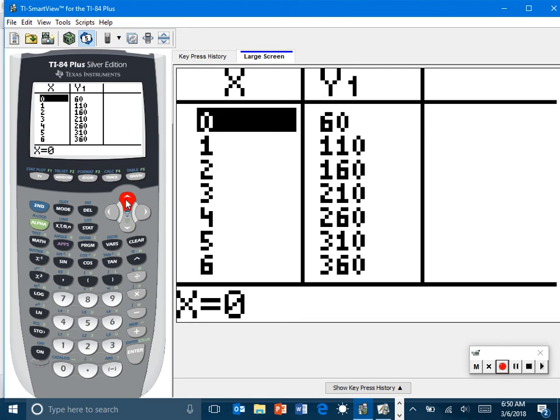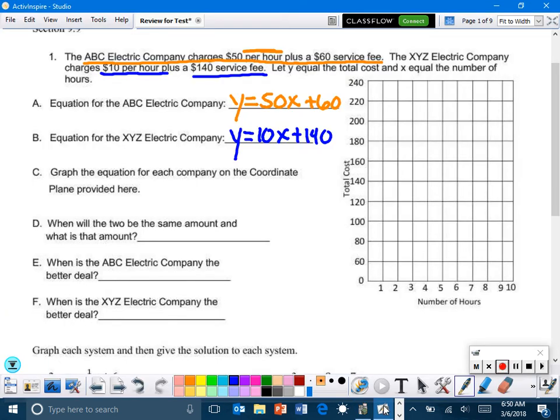Hopefully you have it on your calculator. All right, here we go. So we're going to plot 0, 60. Then the next one that fits nice is 2, 160. Right there.